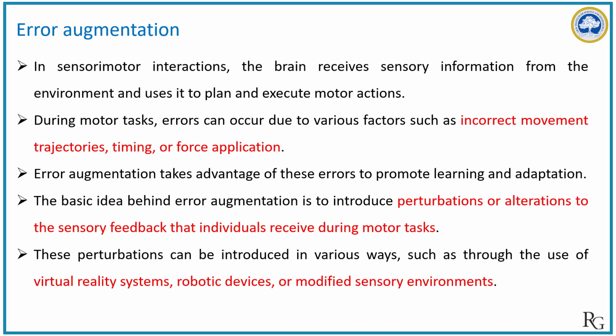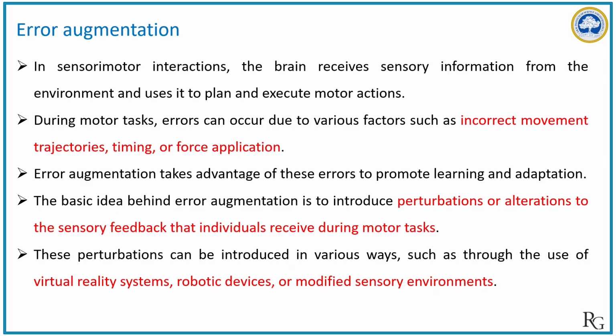Let's understand how sensorimotor interaction forms the foundation for error augmentation strategies in rehabilitation. In our daily life movements, the brain constantly receives sensory information from the environment through vision, touch, proprioception, and other senses.